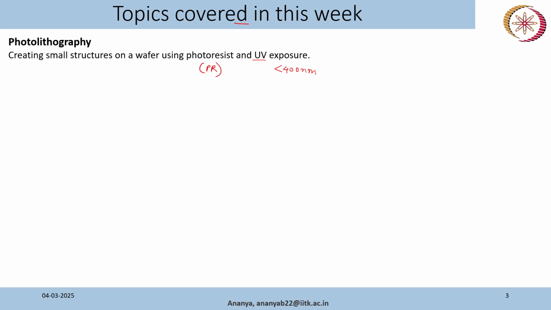And because the wavelength is less than 400 nanometer, we can make these micro dimensions using photolithography very easily. If we want to make a very thin structure, maybe a few nanometer, then we cannot use photolithography. But for our purpose, photolithography is the main patterning technique.